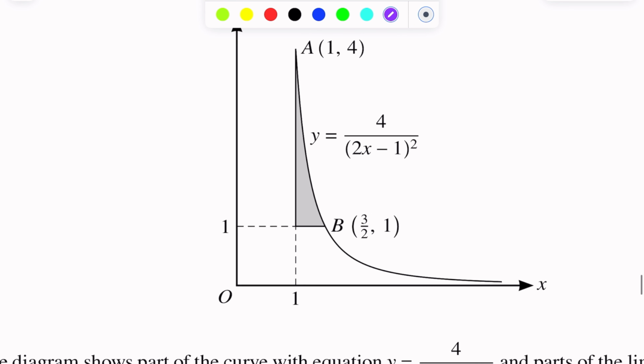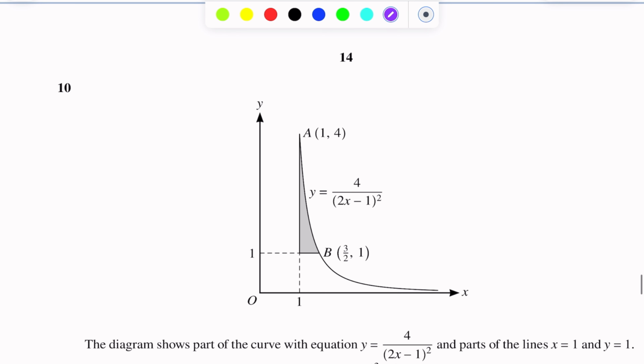Now we draw a tangent at B. This is the point B. Drawing a tangent at this point.